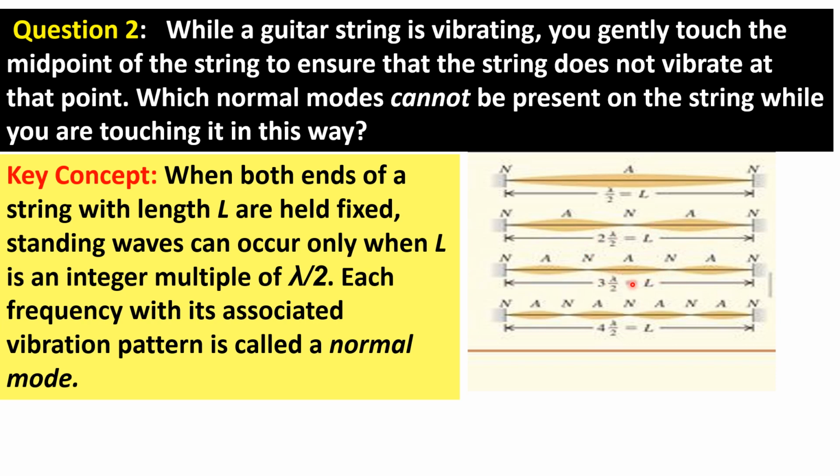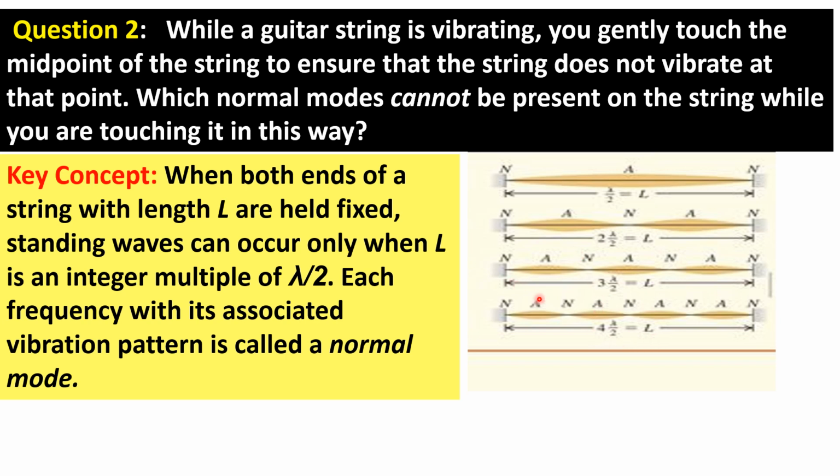Now, for the third pattern, we have 1, 2, 3 antinodes, including the one in the center, and the length of the string happens to be equal to 3 half lambda, or 3 halves lambda, while the fourth pattern has 1, 2, 3, 4 antinodes and 5 nodes. And this is equivalent to a length of the string being equal to 4 half lambda, or exactly 2 lambda, or twice the wavelength.